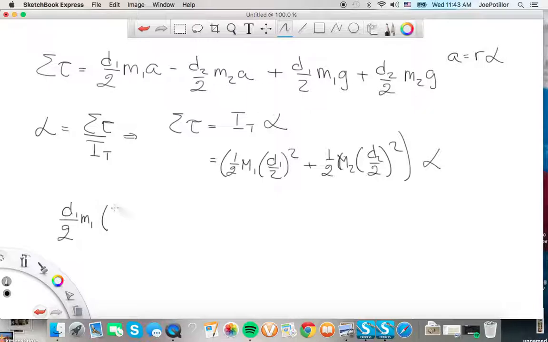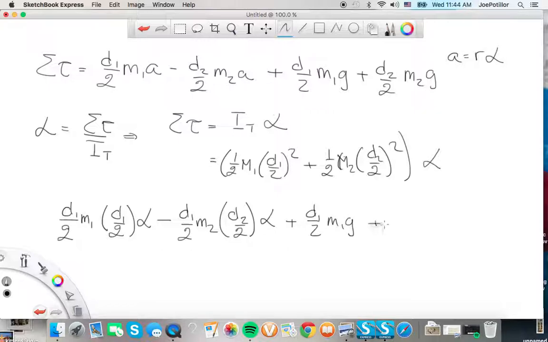So d1 over 2, because r is once again not given, d1 over 2 times alpha, and we'll work that later, minus d1 over 2 m2 d2 over 2 times alpha, plus d1 over 2 m1g plus d2 over 2 m2g equals the mess that's over here. Okay.